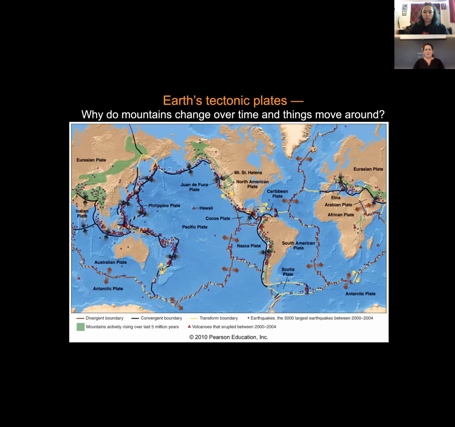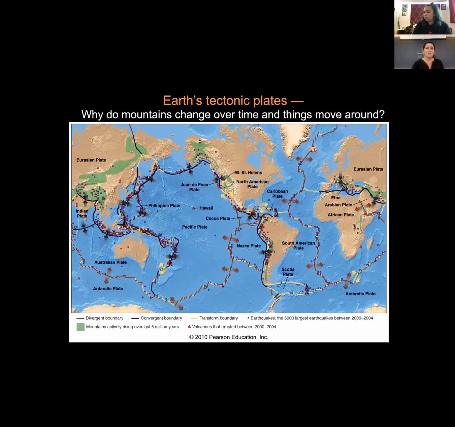And everywhere you get a divergent plate boundary, I think this is true, you have volcanism. Even though they don't really show volcanoes along the mid-ocean ridges there, because it would just be all over the place. I think it hides the plate boundary too much. You wouldn't see any other detail.